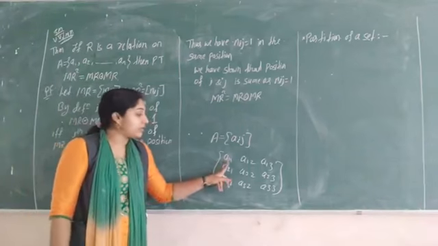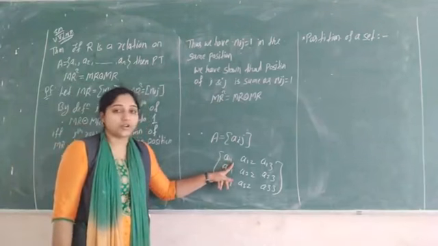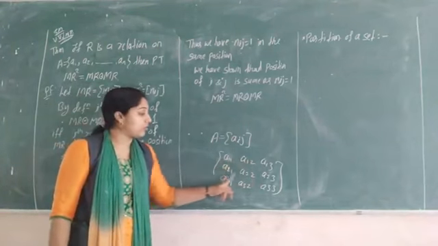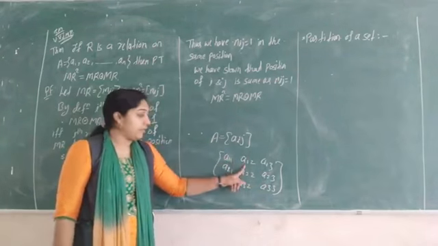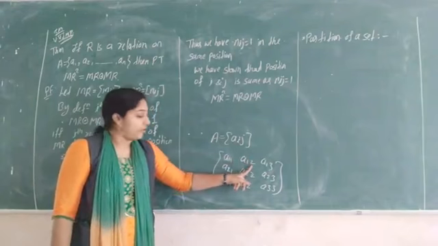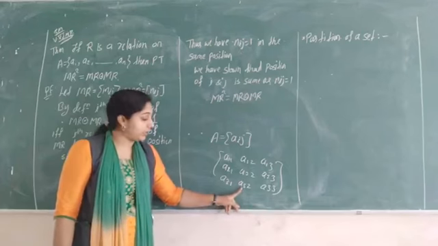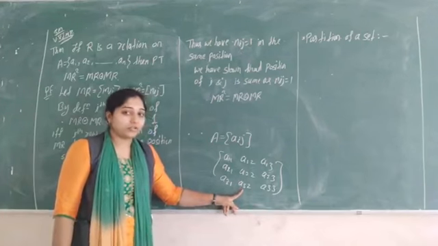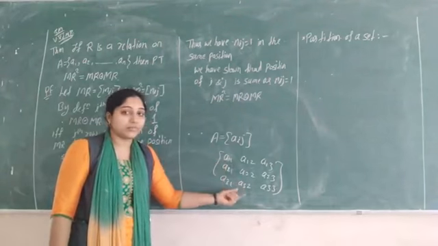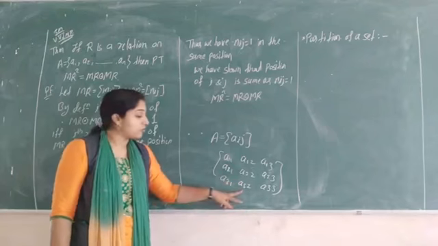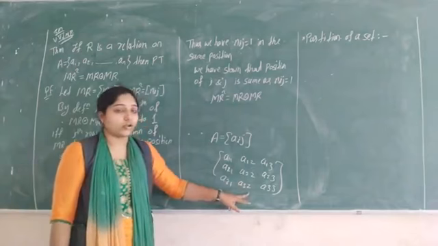A11 means first row, first column. These are the rows: first row, second row, third row, and first column, second column, third column. A12 is first row, second column. A32 means third row, second column, where we consider the first number for the row and the second number for the column.